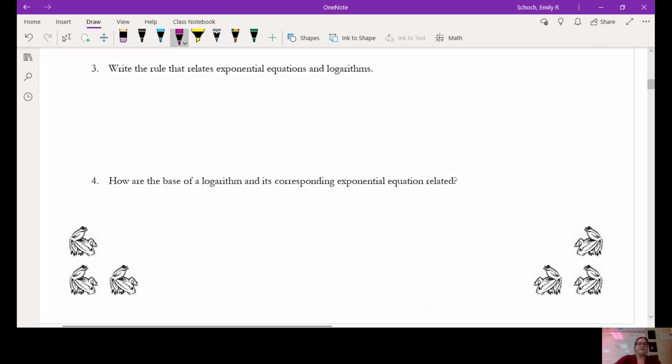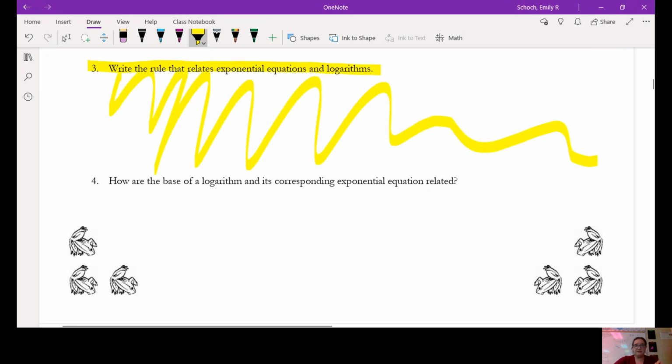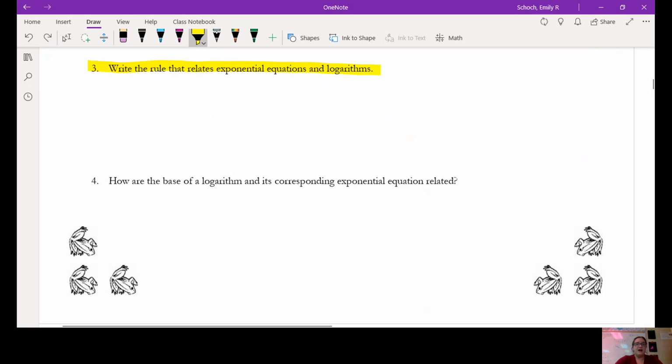The rule that relates exponential equations and logarithms is what you're going to come back to over and over and over. This is probably the most important thing you can possibly have, and it's probably going to be really annoying.